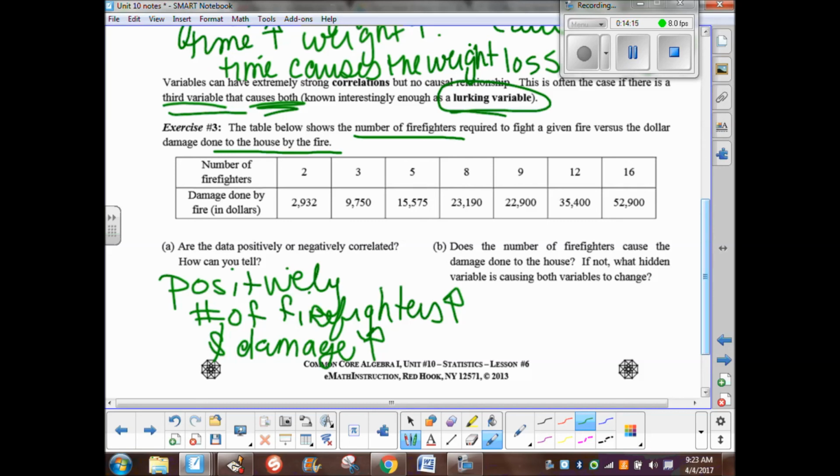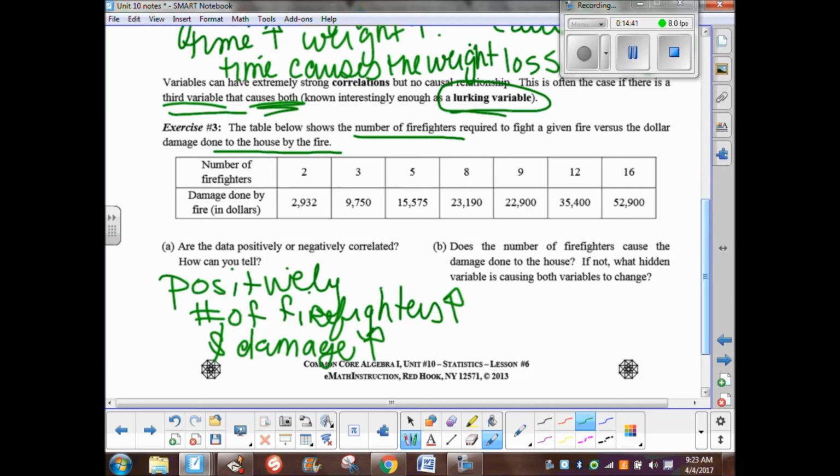Now think about this one. Does the number of firefighters cause the damage done to the house? If not, what hidden variable is causing both variables to change? Does the number of firefighters cause the damage done by the fire, or is there something else?